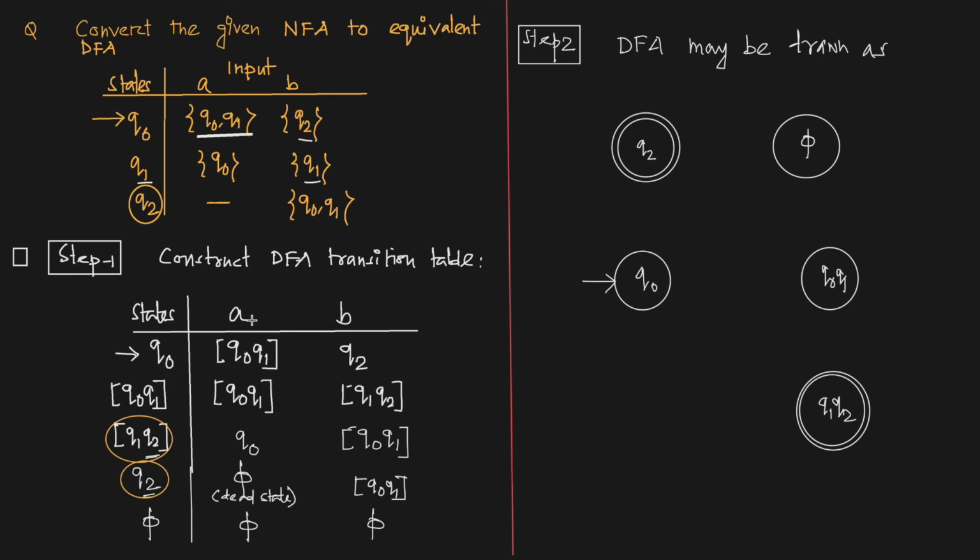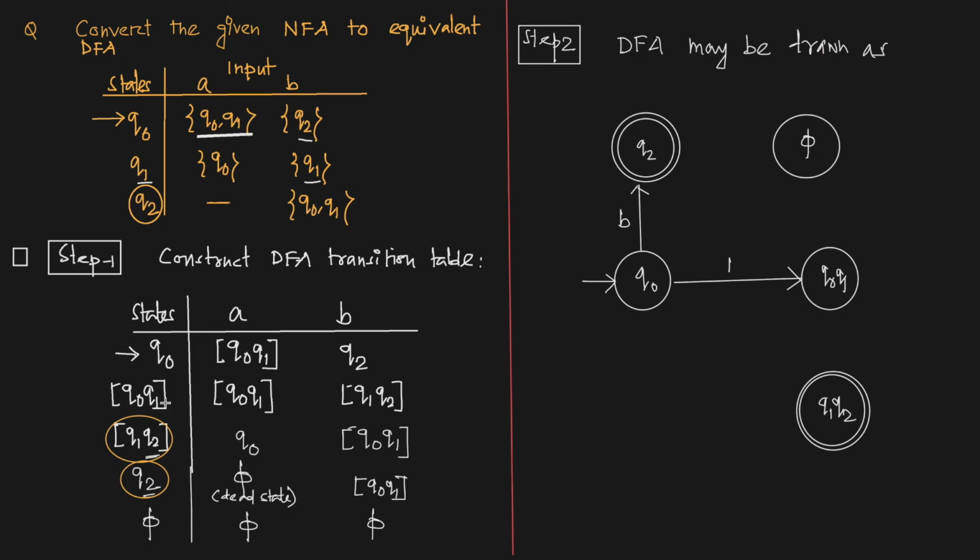Now Q0 on A goes to Q0 Q1, and Q0 on B goes to Q2. Q0 is complete.